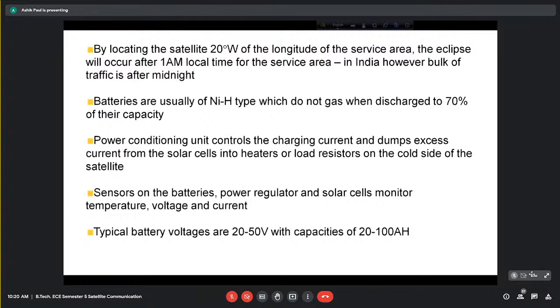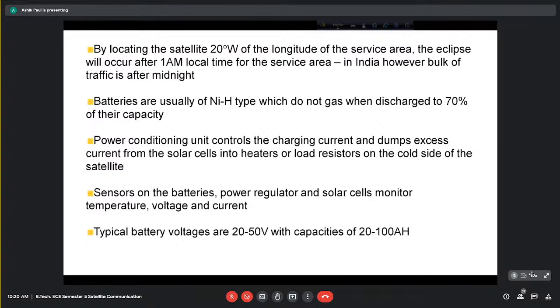So this kind of strategy is not very suitable for India. You locate your satellite away from the longitude of your service area, around 20 degrees away, but then you cannot completely achieve this objective because there will be traffic even during the night time.